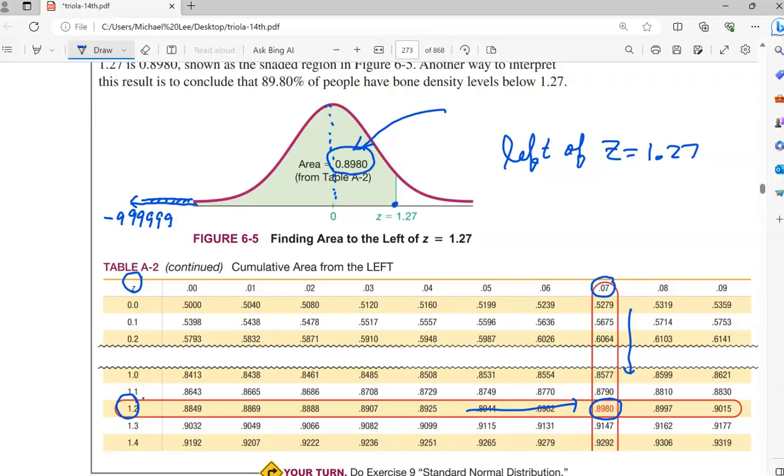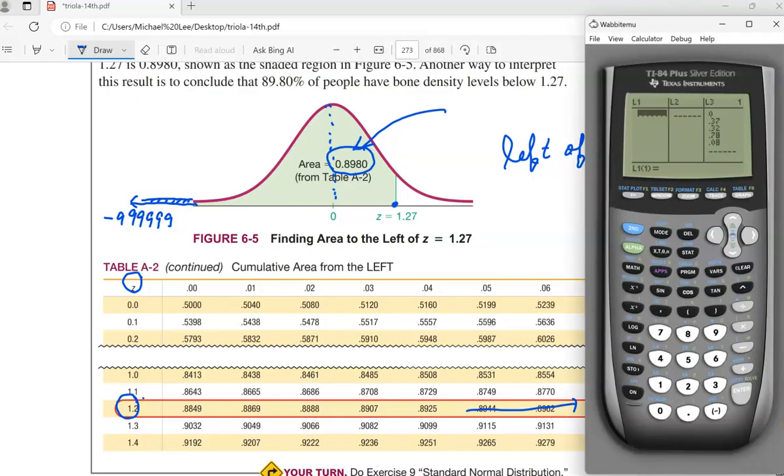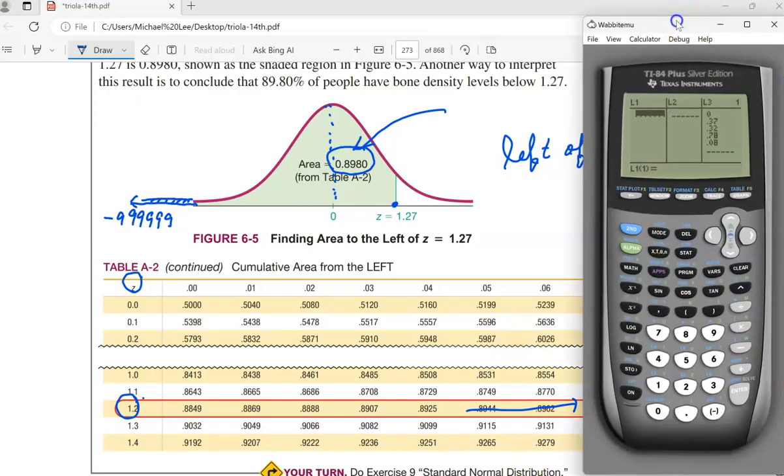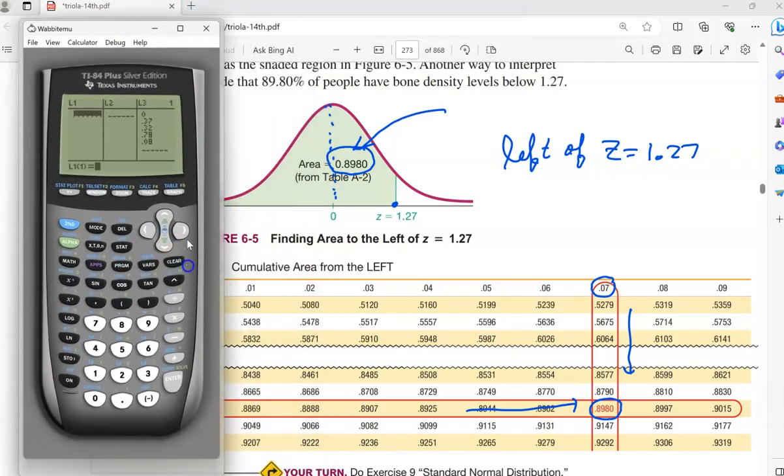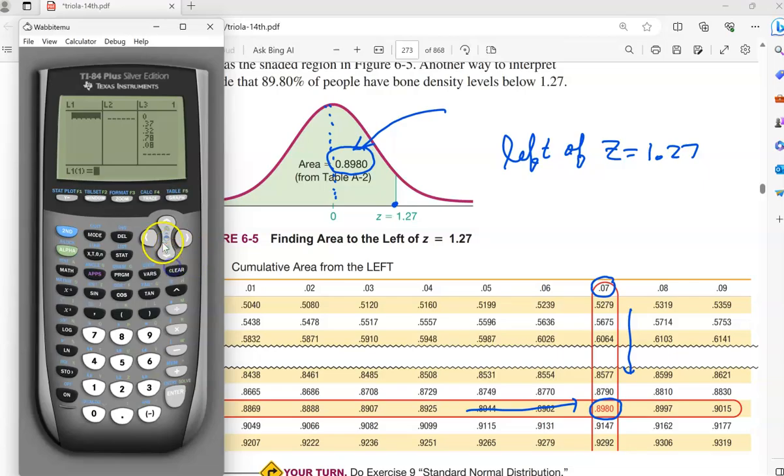If you use this calculator, for bone density, left of that here is this. This is how you do it. Clear everything. Okay, so you go to second vars, and then you do normal CDF, and you have to write the smallest number first.